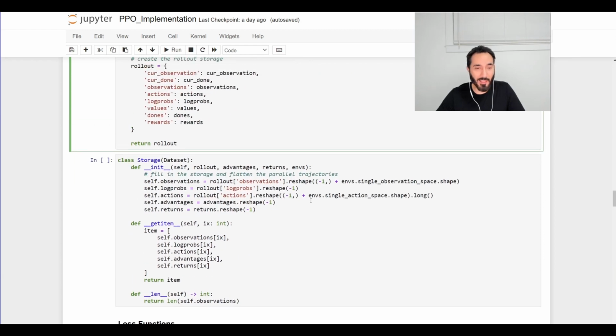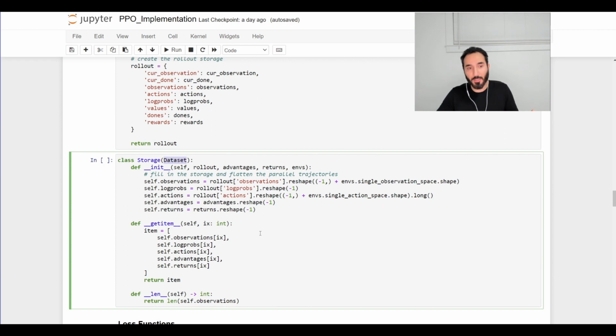I have this extra step that is not common in reinforcement learning, but it's common in natural language processing, NLP, and because we want to have a smooth transition going from RL to the language domain, it's better to start working with this because, as you probably already know, in computer vision or in NLP, it's very common to create a data set, a PyTorch data set, and feed this to a data loader to create your random batches.